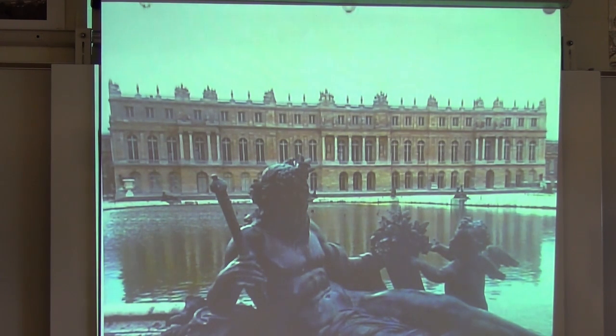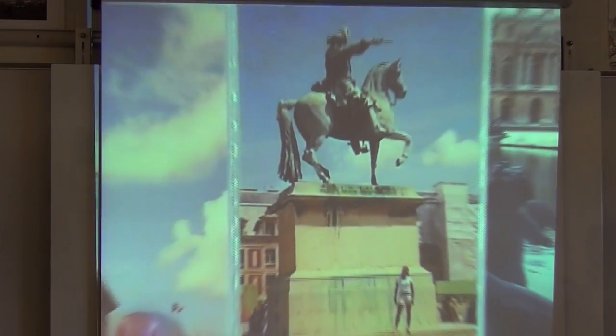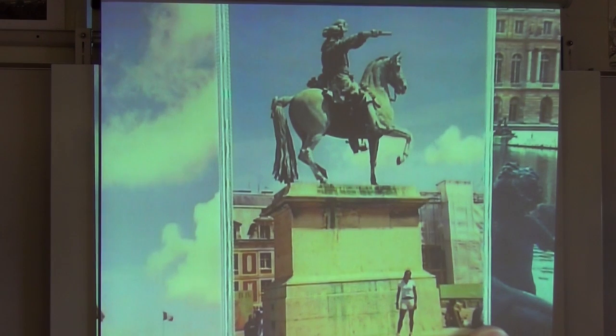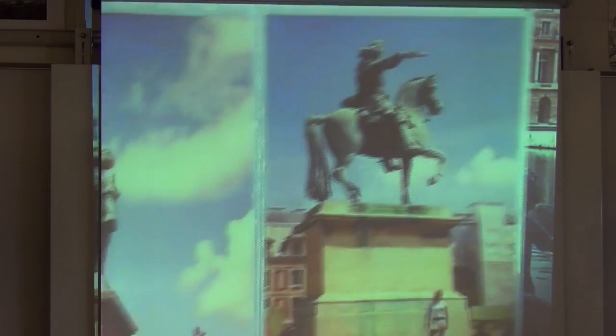Sorry about that, everybody. Okay, here it is. Here's a picture of that same Louis XIV statue right there. We're going to get to this if it's the last thing I do. All right, so let's just proceed.